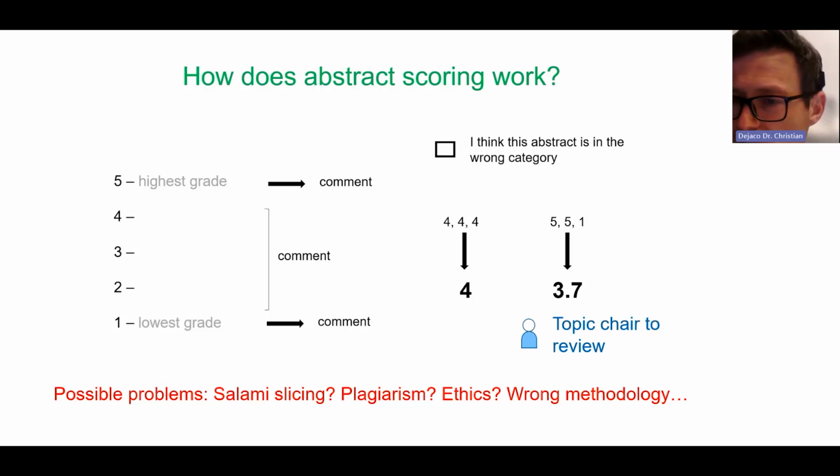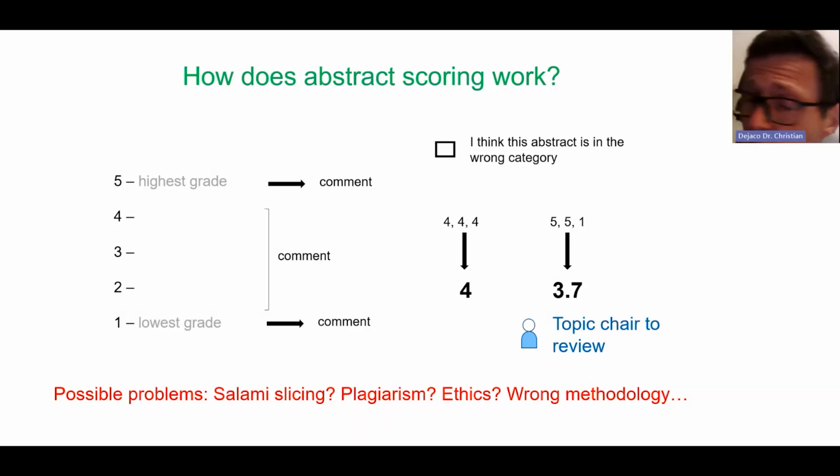Maybe reviewer number 3 came across other abstracts from the same author or the same group and identified, well, it's always the same cohort. They are really salami slicing. They could have put this easily into a single abstract, and therefore I rate this as 1. Or plagiarism, or also ethics.